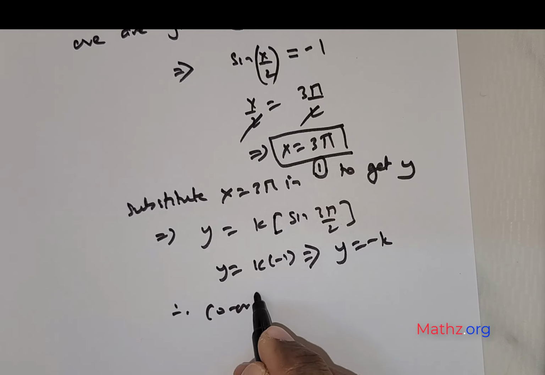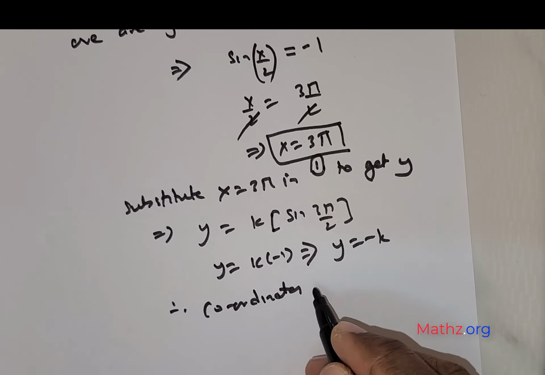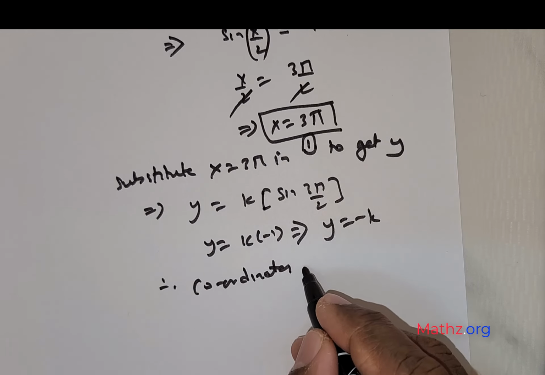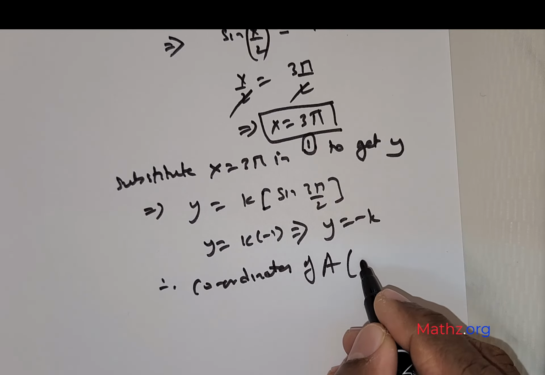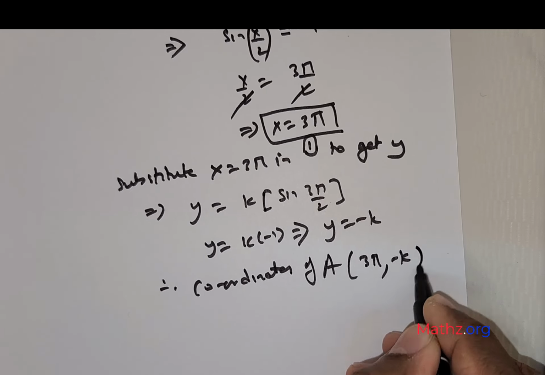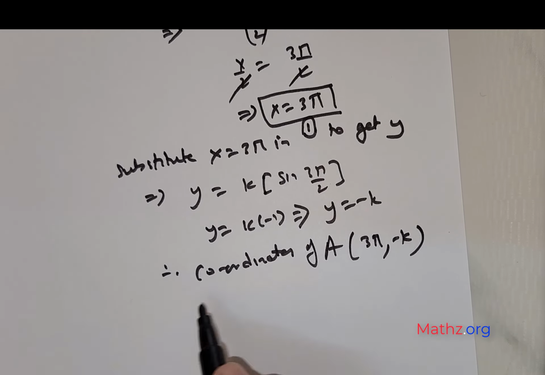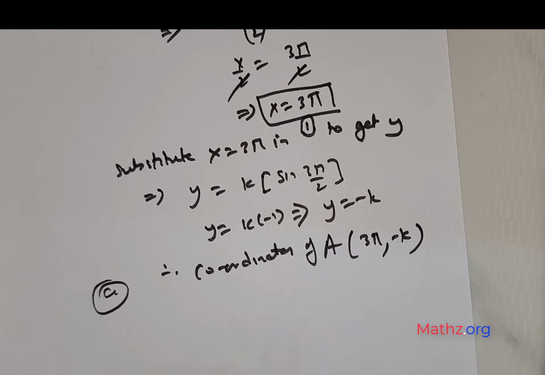Therefore the coordinates of A is 3 pi comma negative k. Okay, so this is the solution for part A.